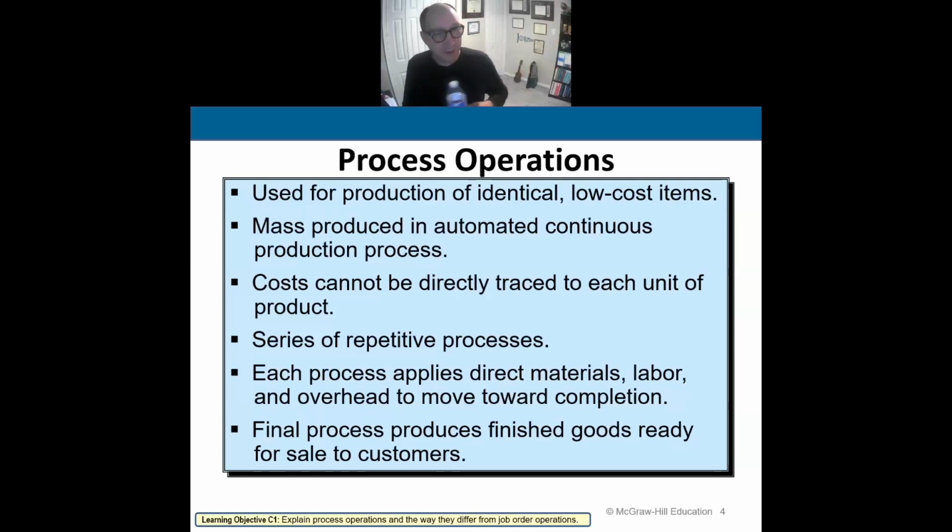You see, originally I added materials, labor, overhead. Then I added more materials, labor, overhead to the cost. And then I added more materials, labor, overhead to the cost by the time it becomes a finished good.